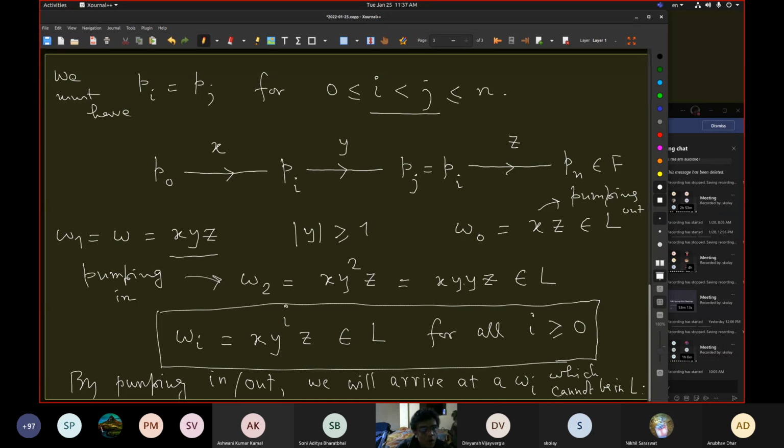Okay. So I will give you an example to illustrate on a very specific language, which SK has already talked about: the language A power n, B power n. This is one of our first languages to prove non-regularity. So this is the first example.